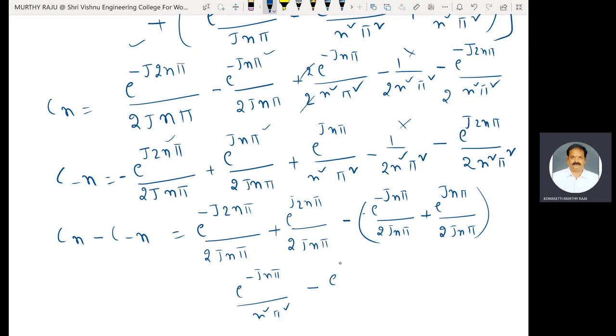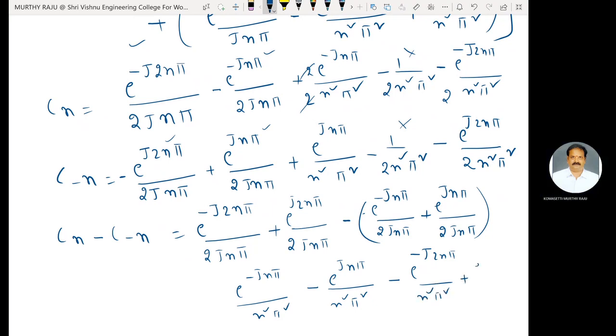Here minus e power j n pi by n square pi square, and here minus e power minus j 2n pi by n square pi square plus e power j 2n pi by 2n square pi square. This is the entire expression.